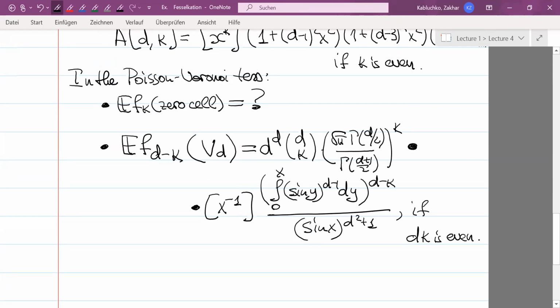And if d minus k is odd, there are more ugly formulas for it.